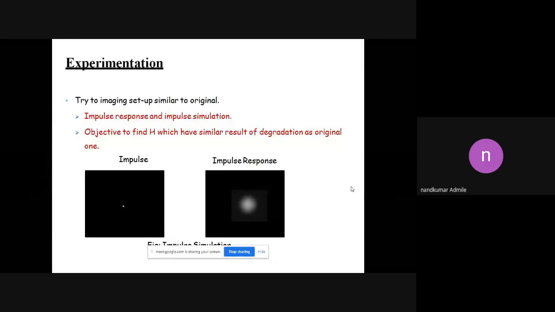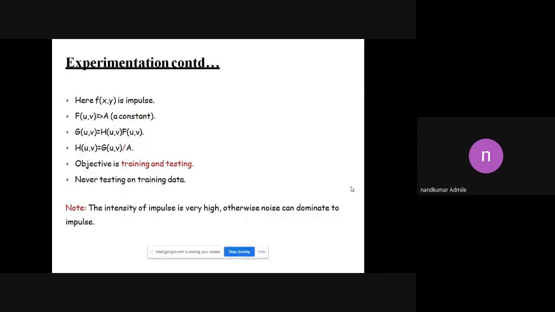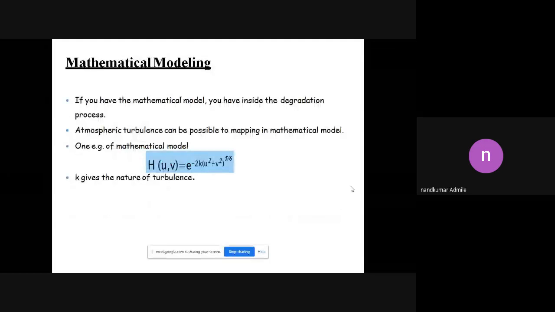Observe the two figures. In the first figure we take an example of only the impulse, and in the second image we draw the impulse response of the white dot. That is called by doing a simulation, or we can call it by doing an experiment.